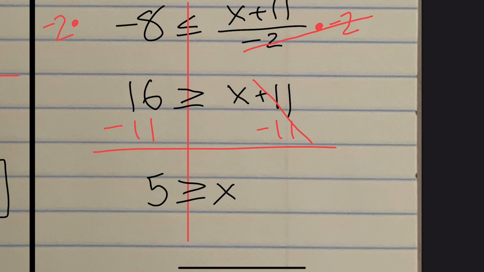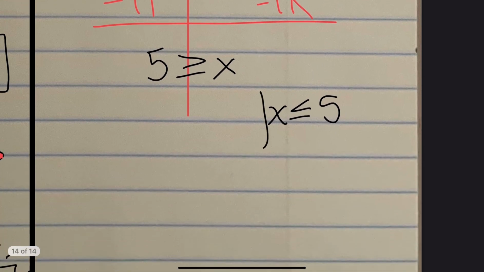I'm going to write it in reverse so that when we go to graph this, it looks better. So I'm going to say x is less than or equal to 5. Now, these two statements are exactly the same. These both say the same thing. The only difference is now I've written it in reverse, so it's a little bit easier to read for when we do our number line. Okay, so that was our answer.